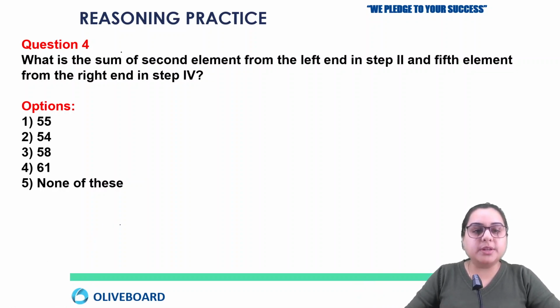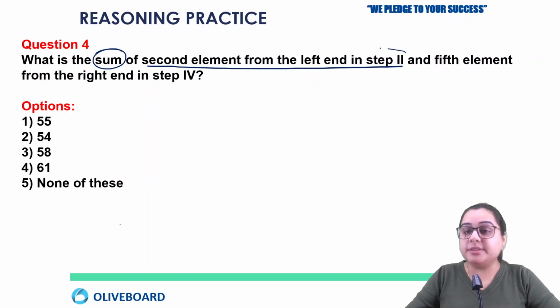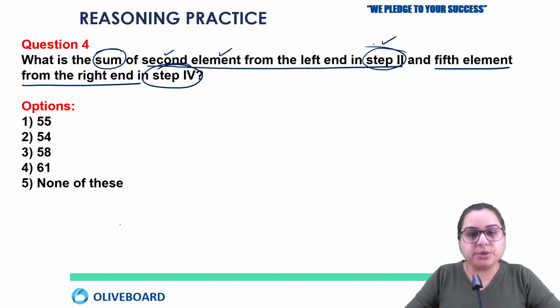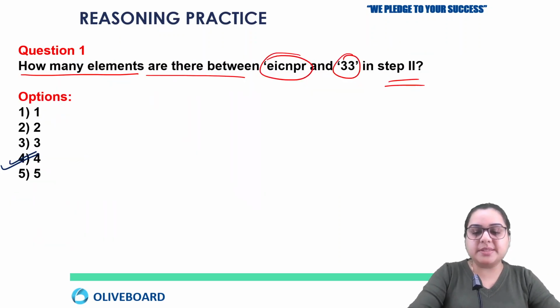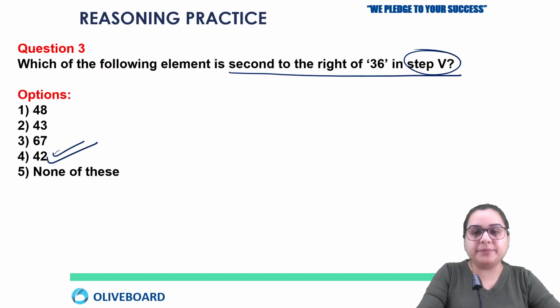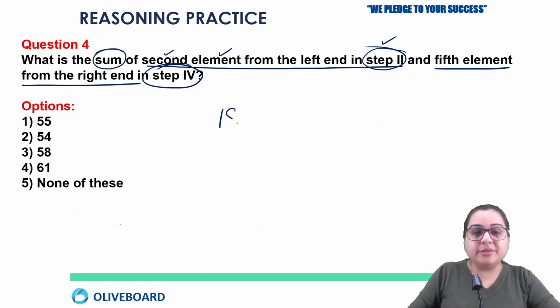Okay, so what is the sum of the second element from the left end in step number 2 and the fifth element from the right end in step number 4? Second element in step number 2, you have to pick first. So let's see your solution. Second element from the left end, step number 2, is 18. And then you have to pick the fifth element from the right end, step number 4.